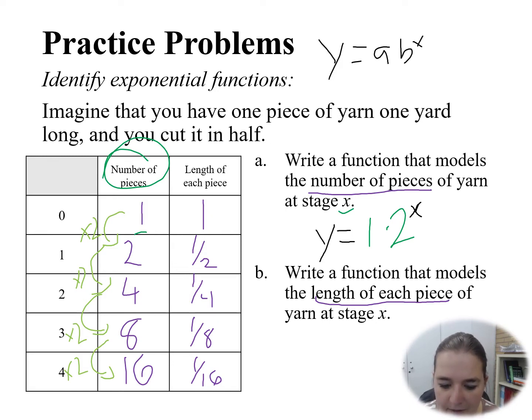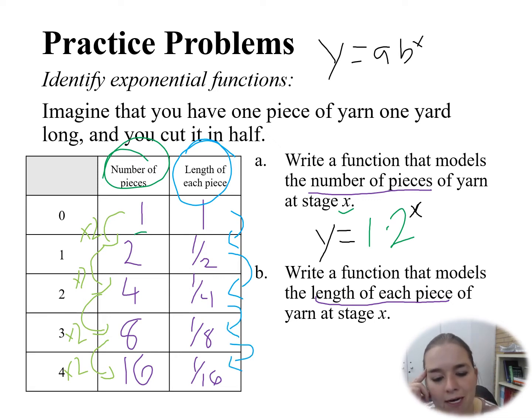But now let's think about the length of each piece. When I look at the length of each piece, I'll do this one in blue here, I want to know what my growth factor is. Well, I see from 1 to 1/2 to 1/4, I'm changing by dividing by 2. But when I'm writing these out, my growth factor needs to be something that I can multiply.